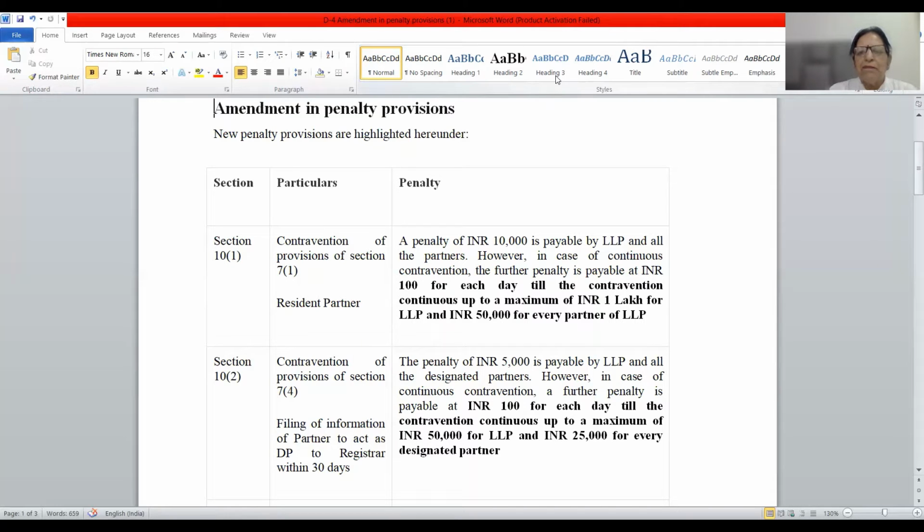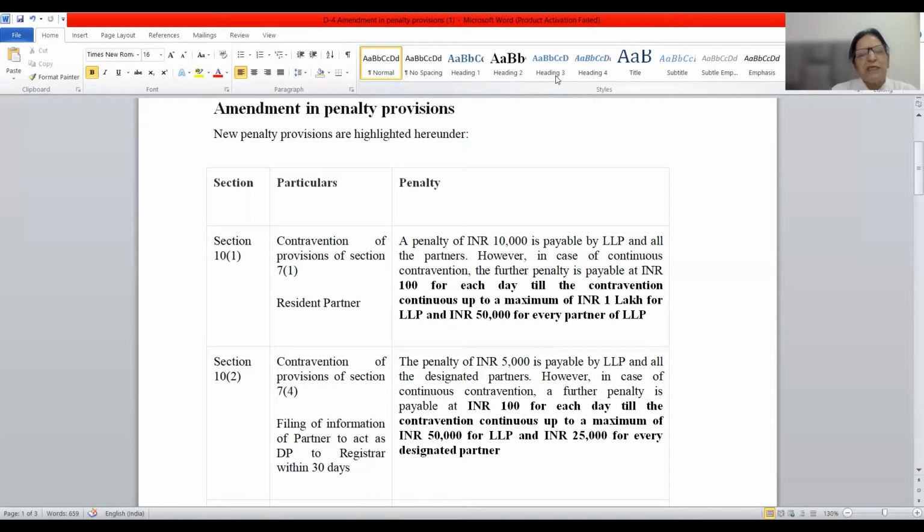Further penalty is payable at Rs 100 for each day, till the contravention continues. So if there is a contravention of delay for 10 days, then 100 rupees for each day, 100 into 10, which will be 1,000. But the maximum amount has also been laid down. It cannot exceed Rs 1 lakh.